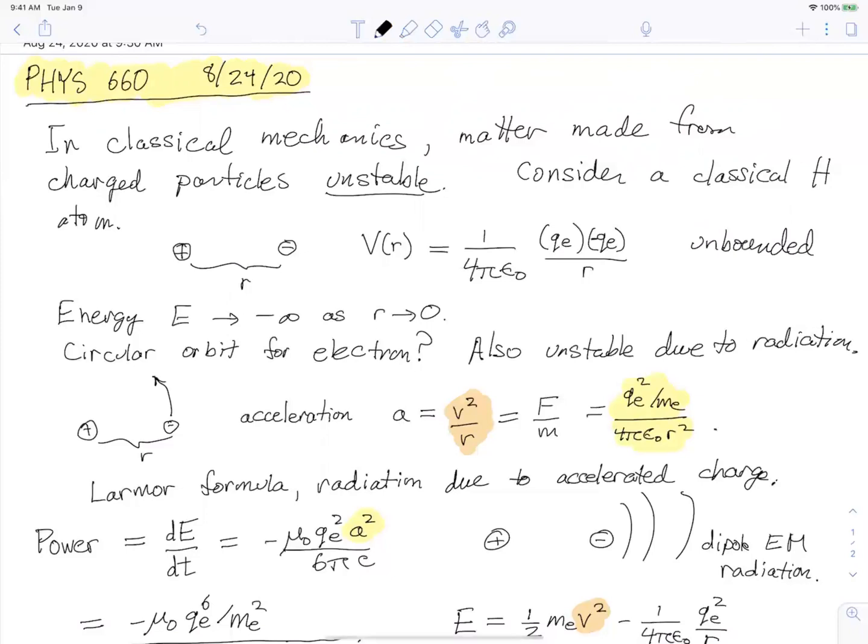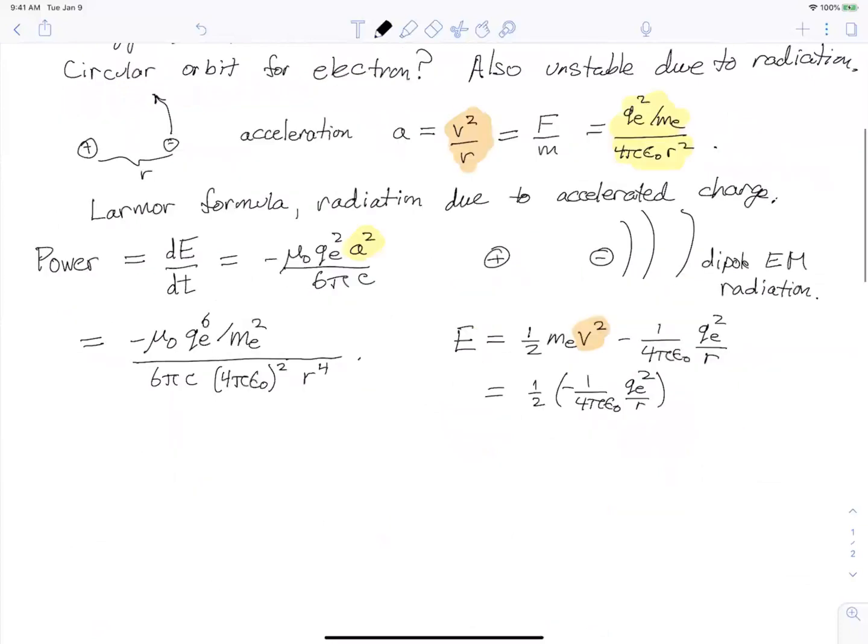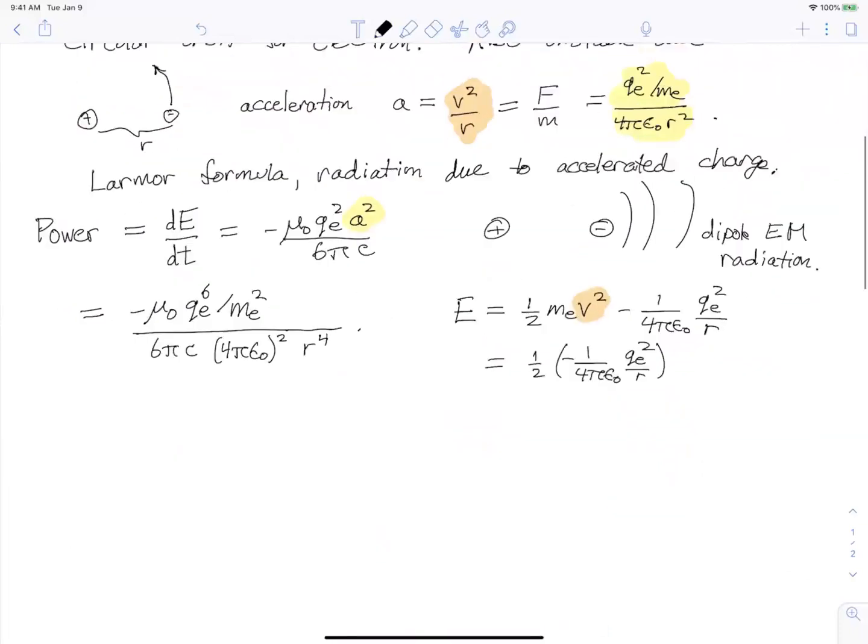Unbounded. Sorry about my handwriting, I'm still getting used to this pen. But it just means if I take r to be very small, then I'm taking 1 over a small number, it's getting very large, but then there's this minus sign, which makes this thing arbitrarily negative. Oh, thank you. Any other questions before we go on?